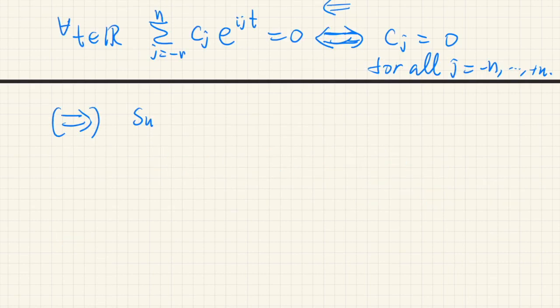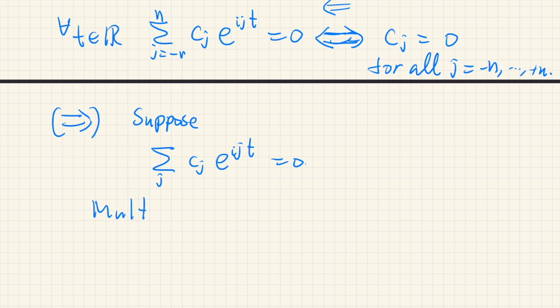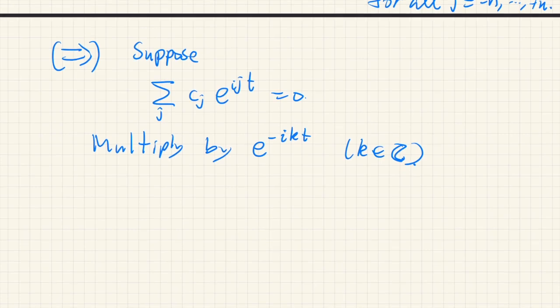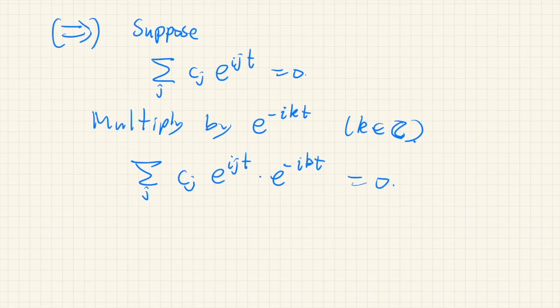Okay, so suppose this sum is equal to 0. Then multiply both sides by exponential of negative ikt, where k is an integer. So we have c_j e^{ijt} times e^{-ikt}, summed, which is equal to 0.